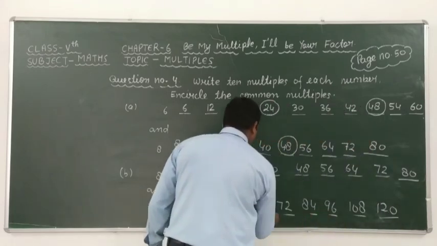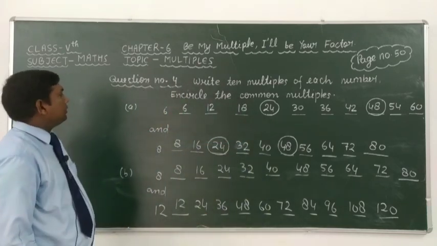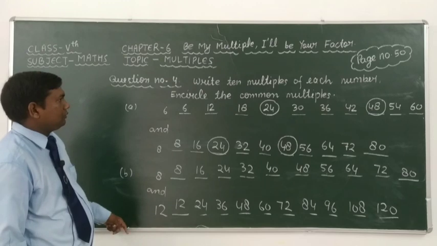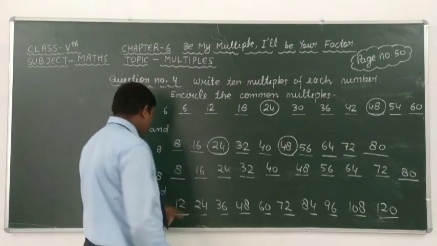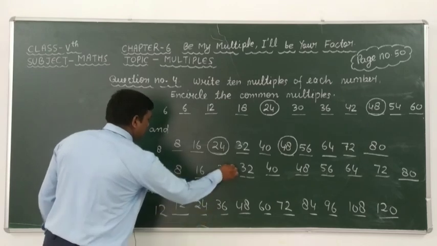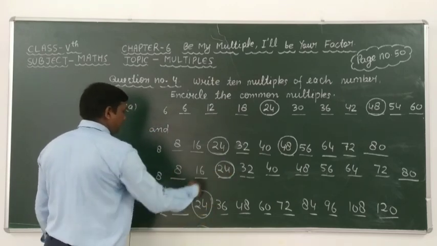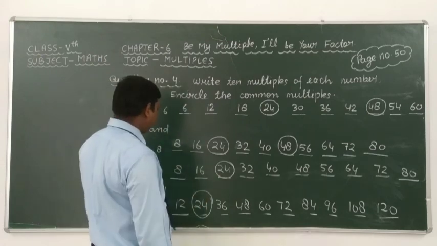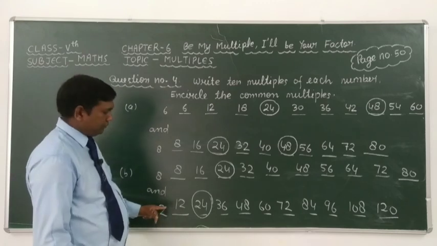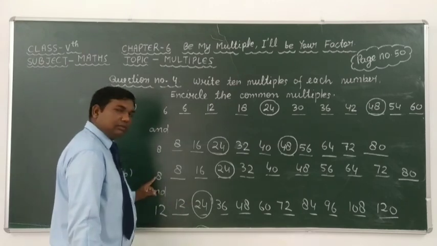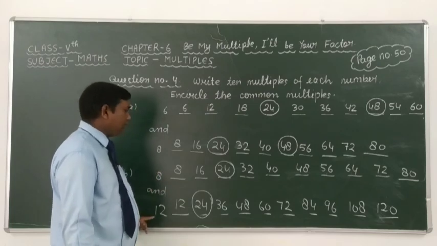Okay students, look here. Given 24 and here given 24, here we have to take a circle. Then we say that 24 is a multiple of 8 and 12.